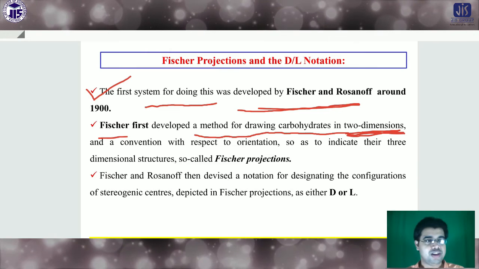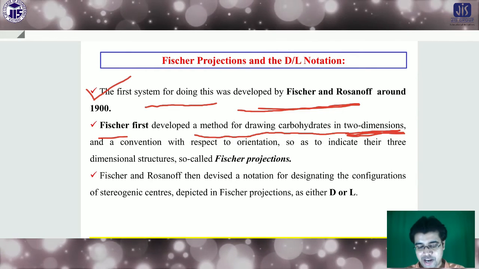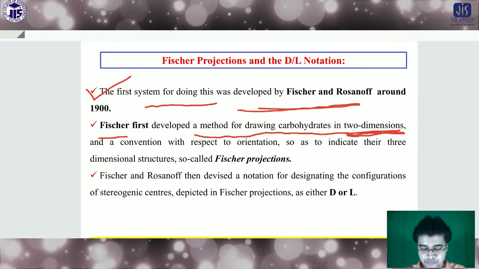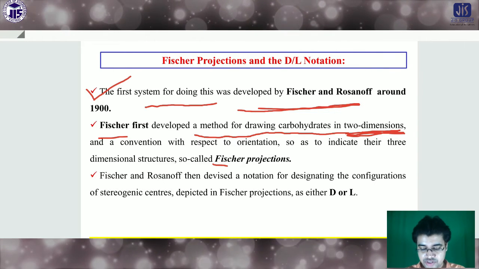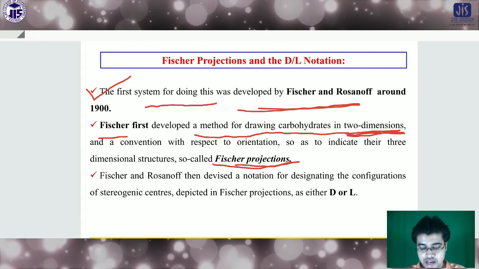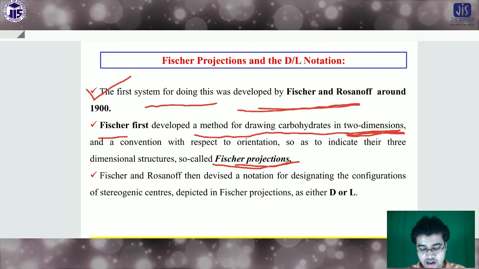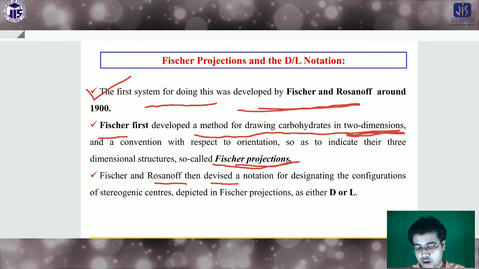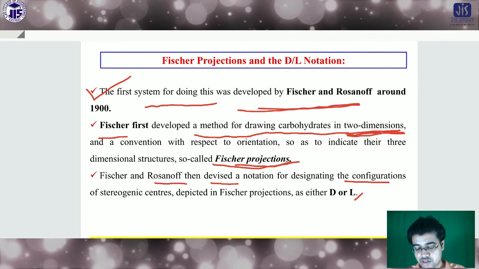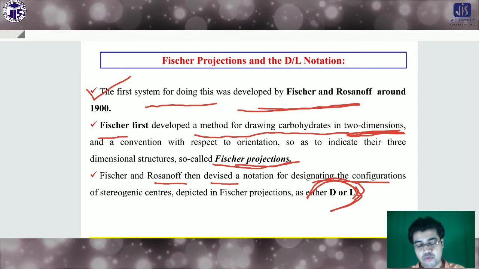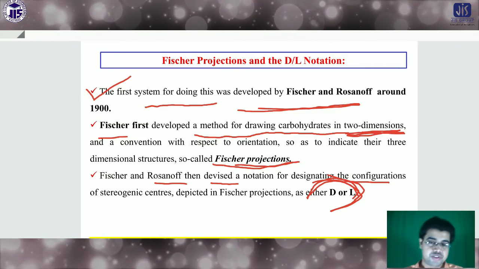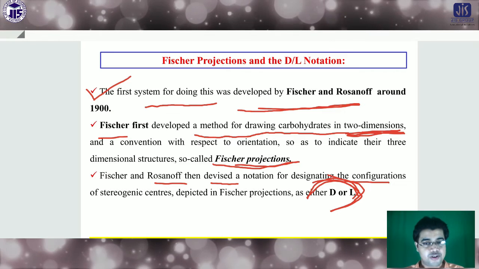But Fischer established how we can write them in a 2-dimensional figure, the so-called Fischer projection. Fischer and Rosanoff then devised a notation for designating the configuration as D and L. This is also important.